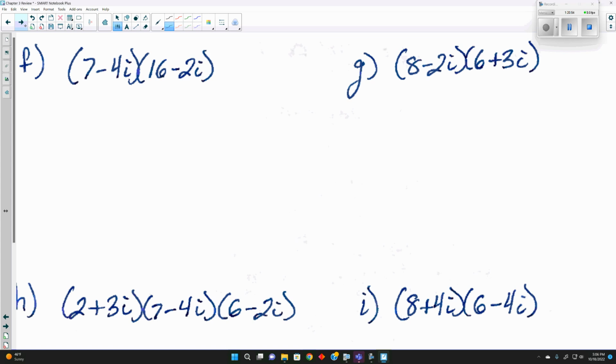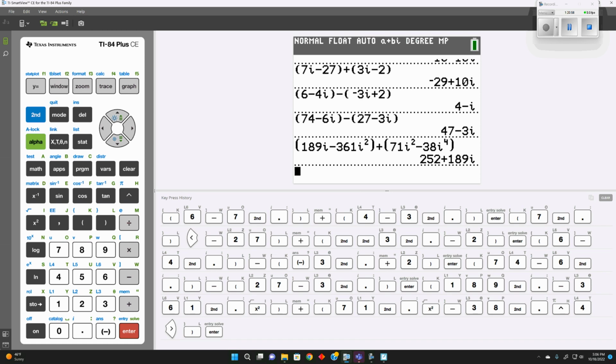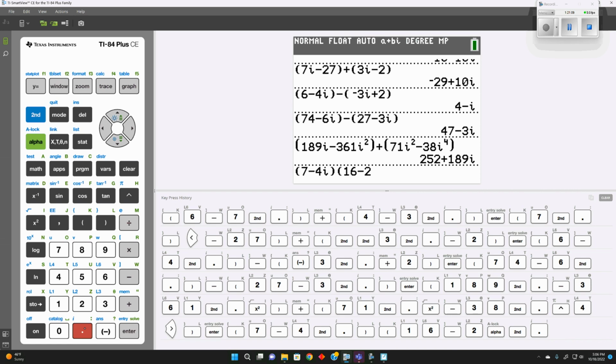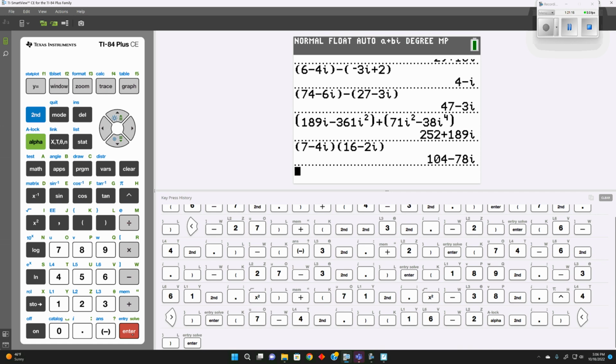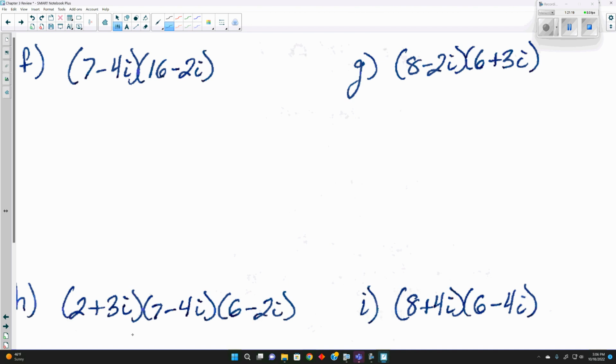And the same thing is true with multiplication. So number 7, we can take it and plug it into the calculator. (7 minus 4i)(16 minus 2i), enter. We get 104 minus 78I.